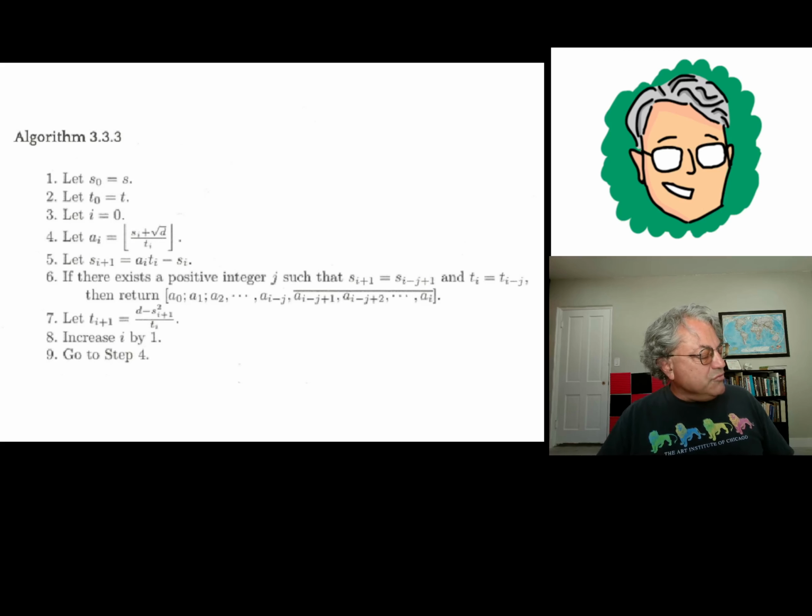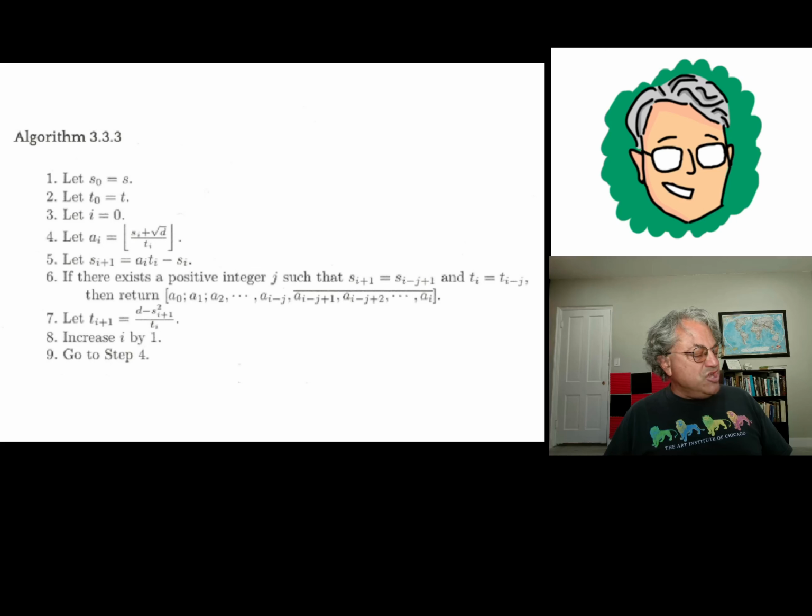Then we want to see whether there is an integer j such that s sub i plus 1, the last of the s sequence we computed, is equal to one of the previous values, s sub i minus j plus 1, for some positive j, but we also want the t sub i's to repeat with the same period. So if t sub i is equal to t sub i minus j, then both s sub i and t sub i are periodic with period j, and that means we've computed the period.